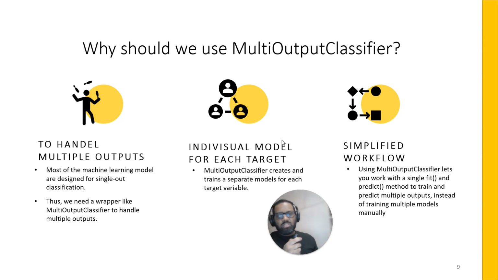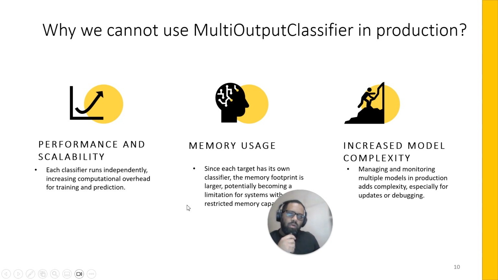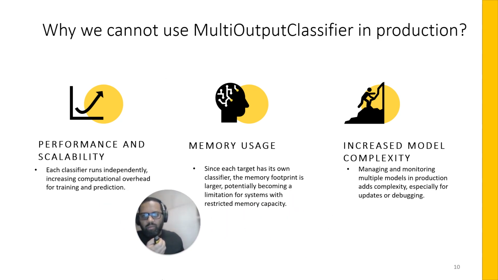Now, let's talk about why we can't use a multi-output classifier in production. The major disadvantage in terms of production is performance and scalability. Even though we are giving the input once, each classifier will run independently.